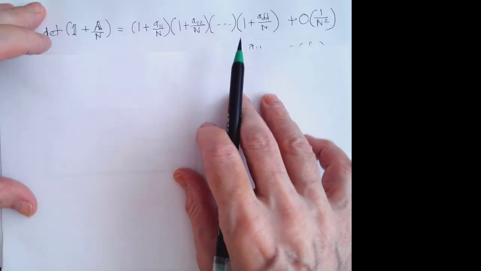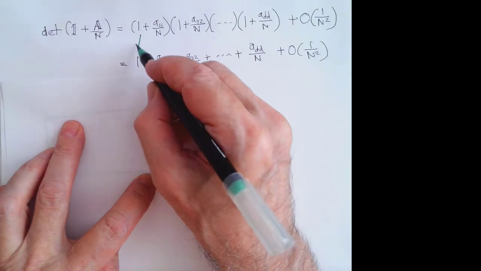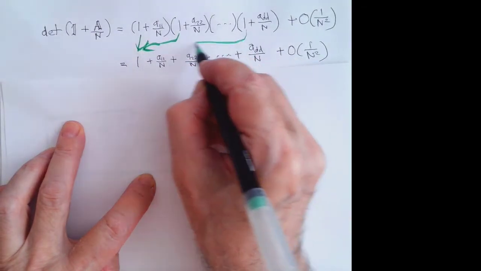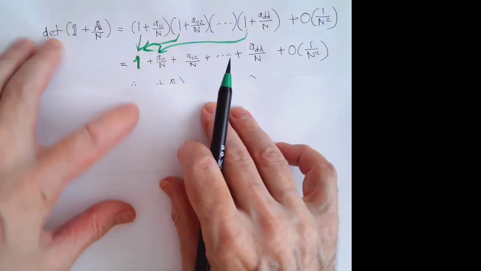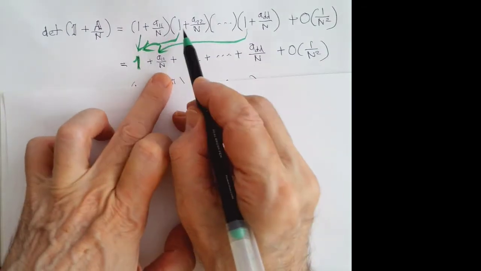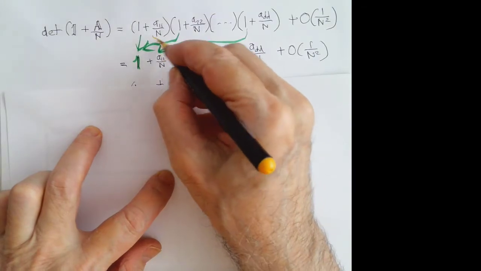In this product, first we multiply all the ones, boom, boom, all the ones. That gives me 1 here. Then we keep this term and multiply all ones. That gives me that term.